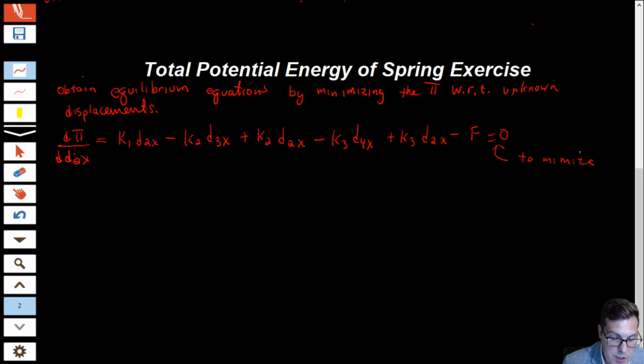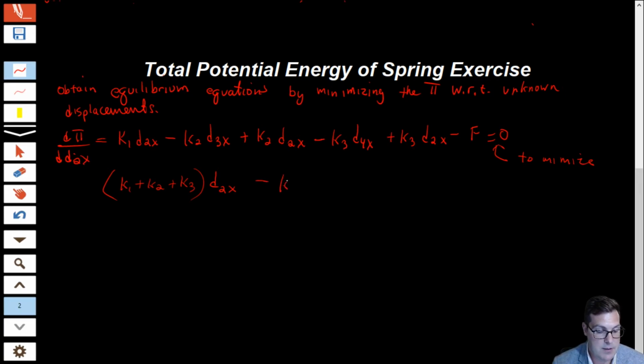And you can rearrange that. Of course, this is from those square terms expanded, so that's how I expanded that out, and I took the derivative. And we can rearrange one more time to get k1 plus k2 plus k3. This is nice to organize terms of the displacement. d2x minus k2 d3x minus k3 d4x is equal to f.